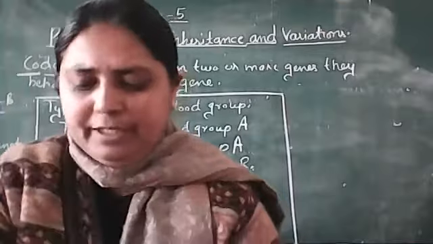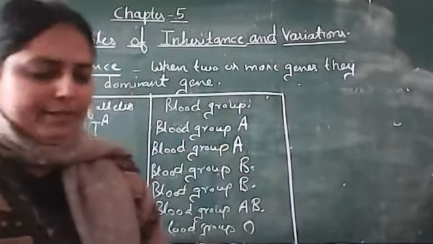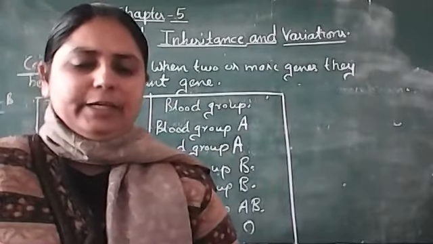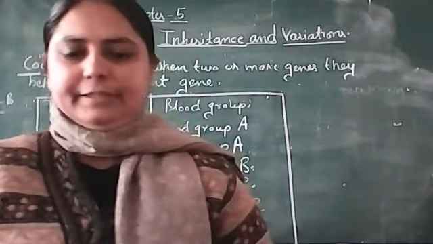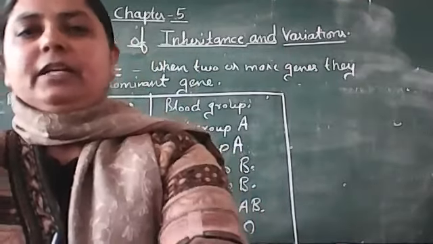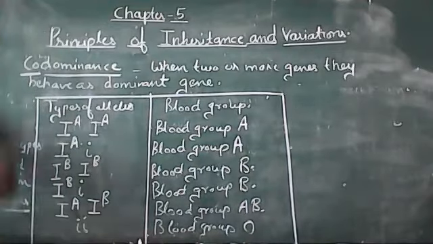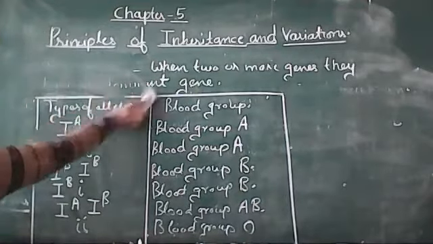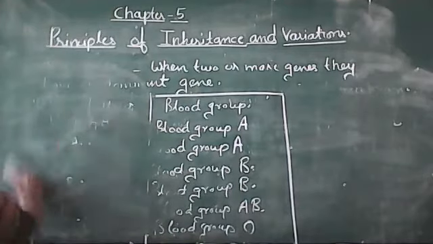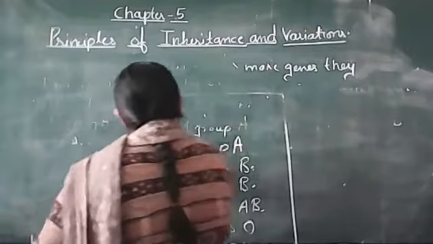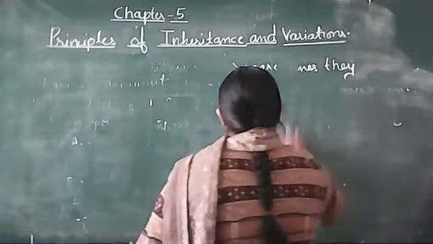So after codominance, I am again taking one example of incomplete dominance, and that is related with the formation of starch in pea seeds. So here again, incomplete dominance is visible. I am again telling you another example of incomplete dominance, and that is starch formation in pea seeds.